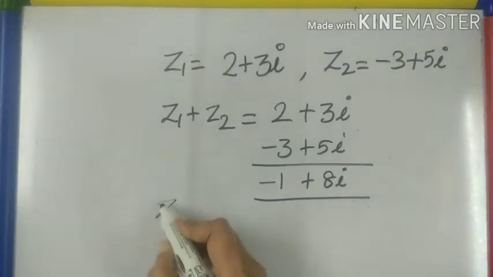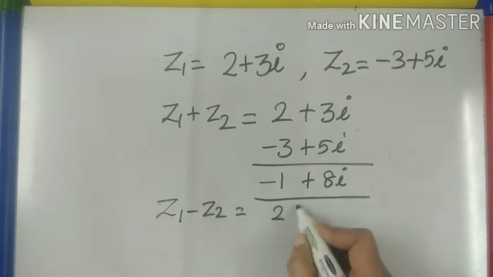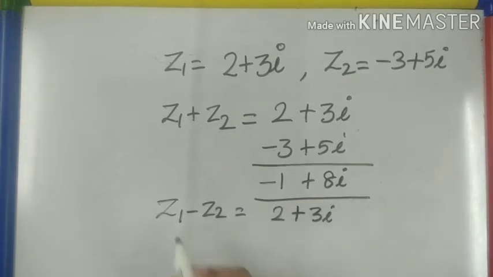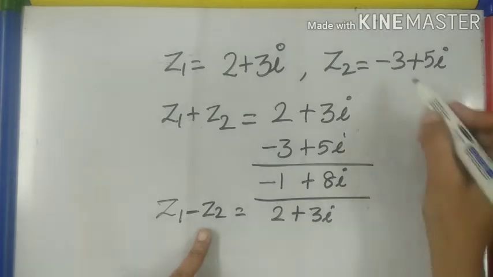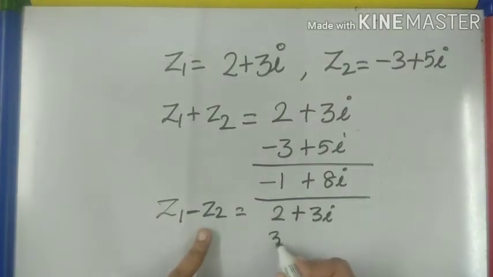Now how to write z1 minus z2? z1 is 2 plus 3i. The symbol minus z2 tells me, as we said a little earlier, negative: change the symbol for both. So minus 3 will become plus 3, plus 5i will become minus 5i.